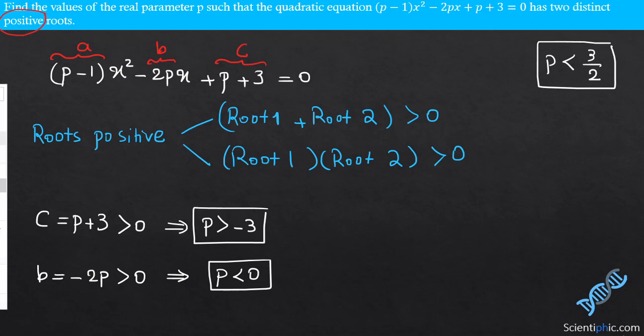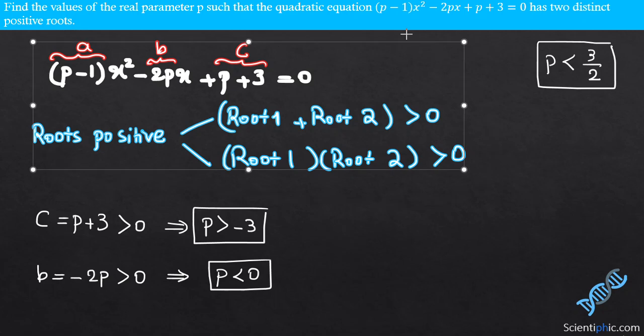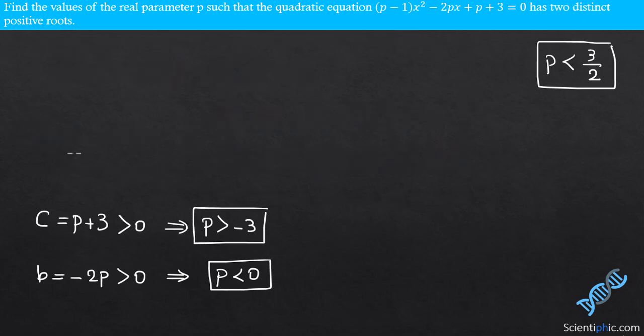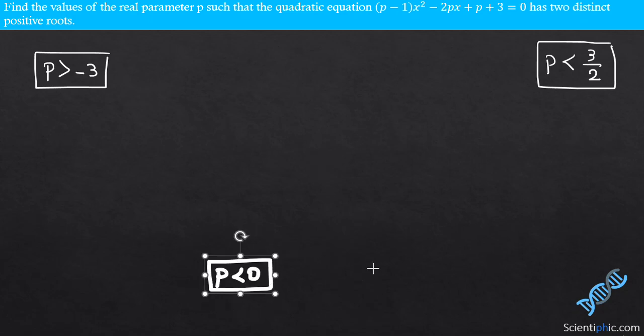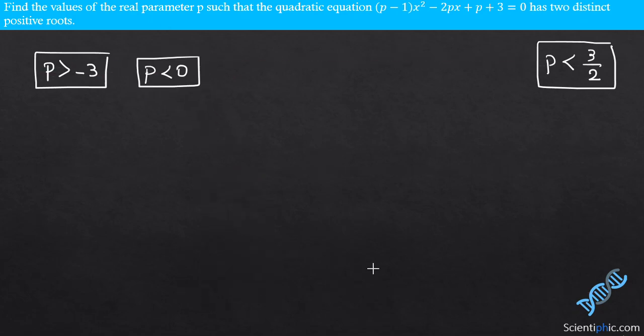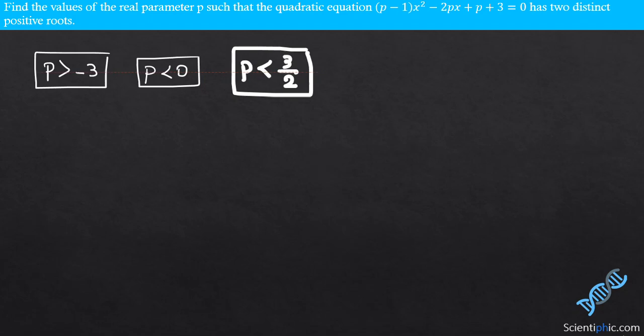ranges for p, and we have to see which range is going to become the final range of p. I'm going to list all the three p values on the top of the page. So p has to be greater than -3, p has to be negative, and p has to be less than 3/2.